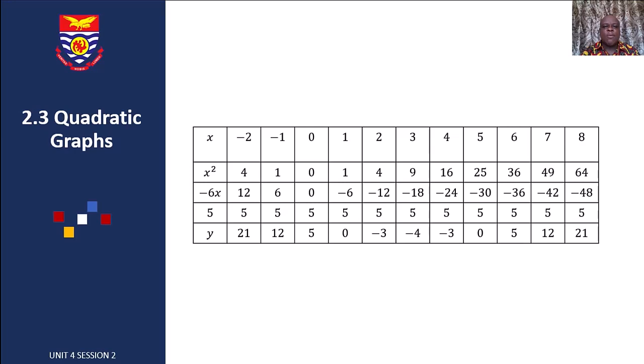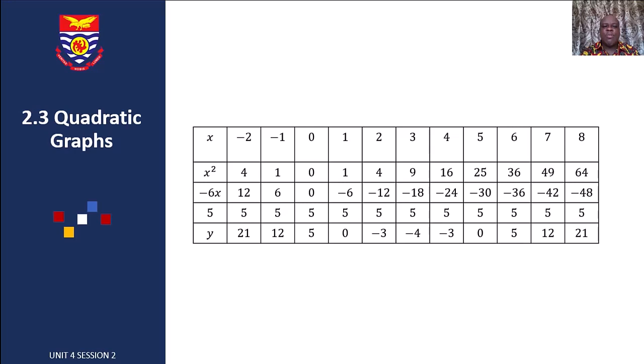We move to 2. 2 squared is 4. 3 squared, 9. 4 squared, 16. 5 squared, 25. 6 squared, 36. 7 squared, 49. 8 squared, 64.